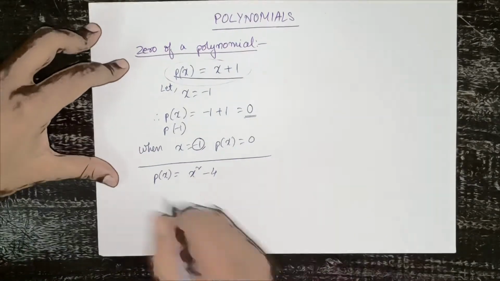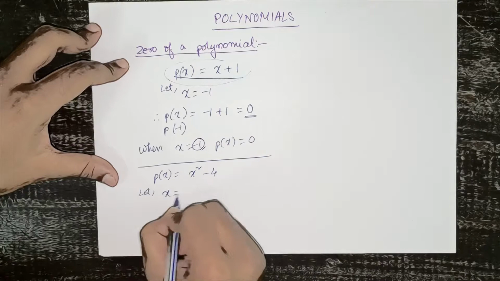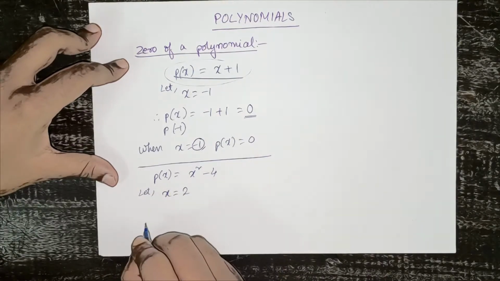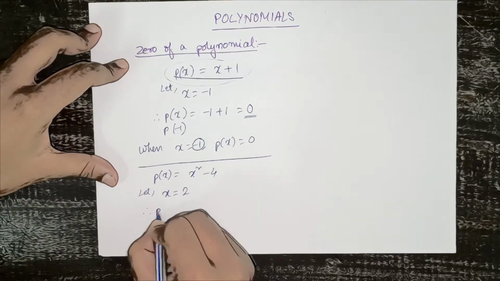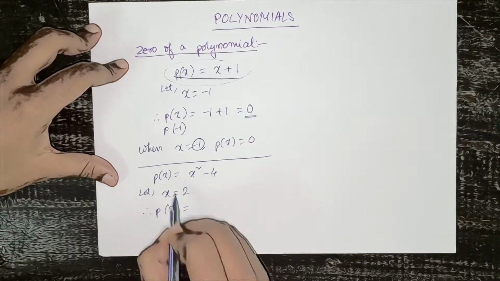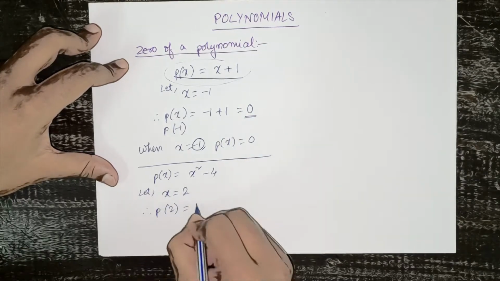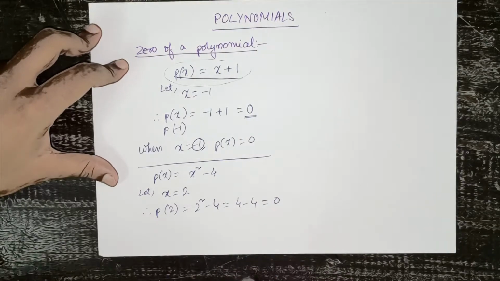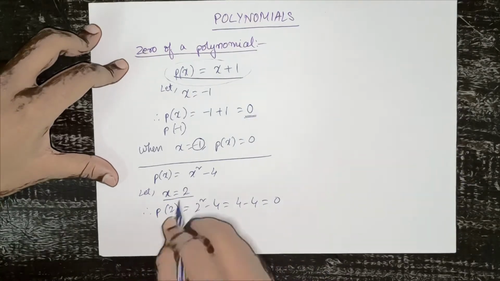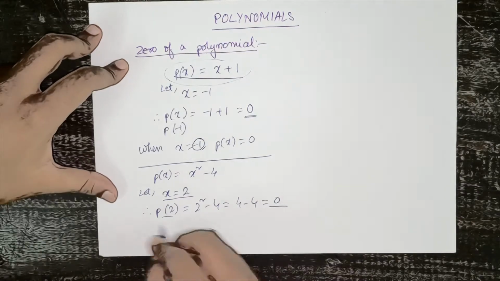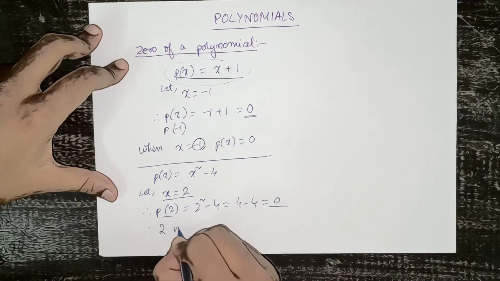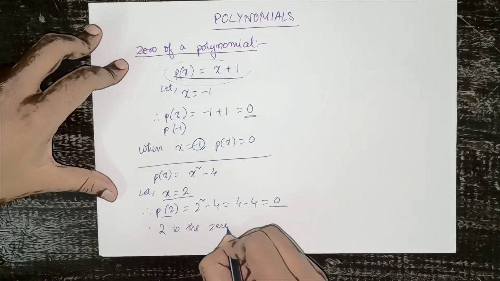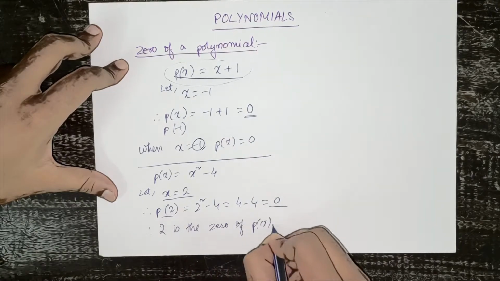In this case, let x equal to 2. If x is equal to 2, then p of 2 will be, in place of x we write 2, so 2 square minus 4, that is 4 minus 4, which is equal to 0. So now when x is equal to 2, the value of the polynomial becomes 0. Therefore 2 is the zero of p of x.